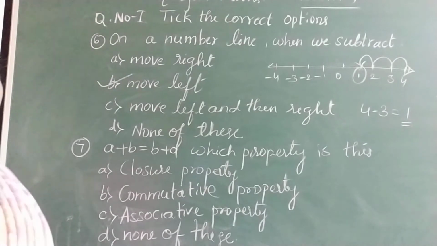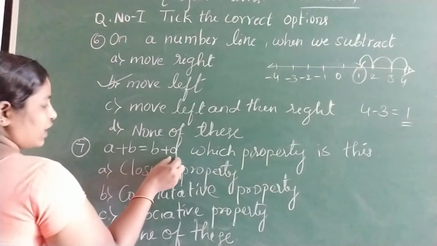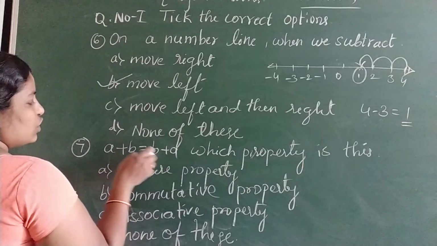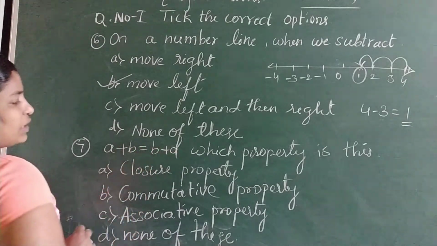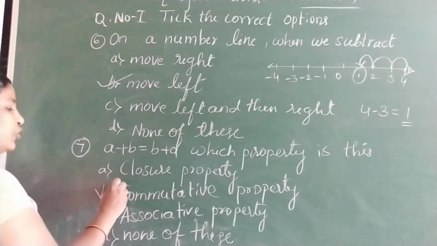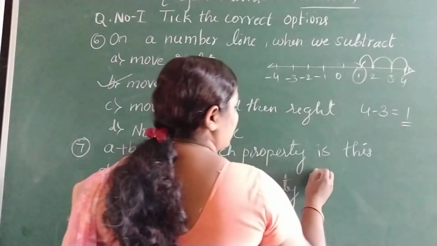You know already A plus B is equal to B plus A. Here the order has been exchanged. The first number has become second and the second has become first. So this is the commutative property. Then what is the closure property?